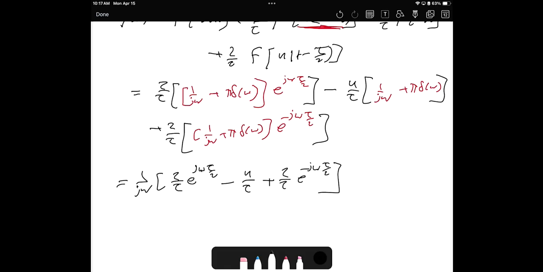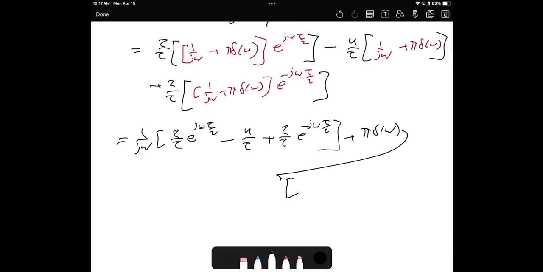Then the other one, try to group pi delta omega alone. Pi delta omega, this will be 2 over tau e power j omega tau over 2 minus 4 over tau plus 2 over tau e power negative j omega tau over 2.